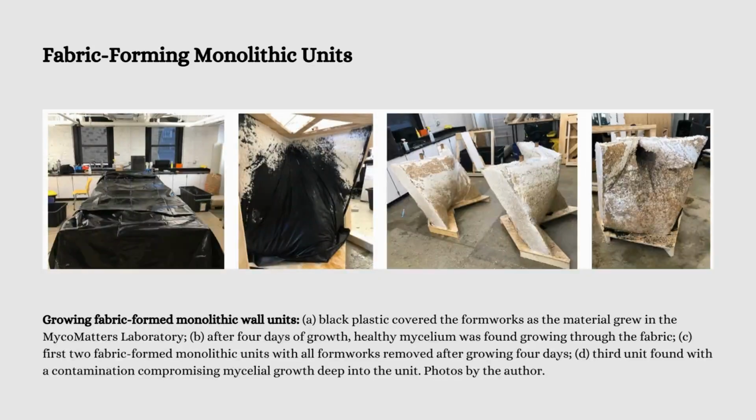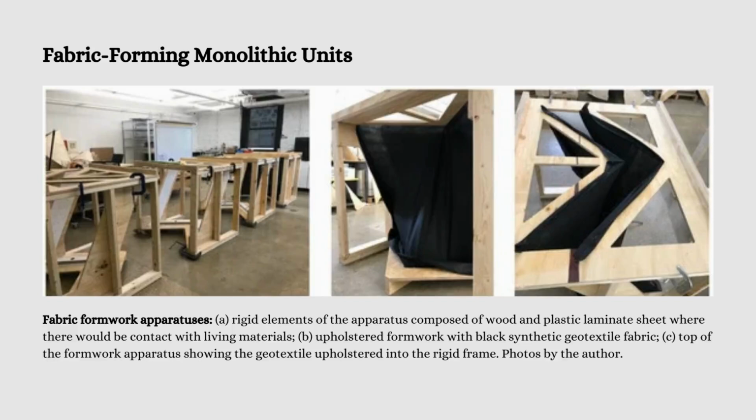And here are some more process photos showing what those shapes look like, and you have more of a reference as to the scale. In this photo on the right, you can see the top is sort of hollow. There's this space where the mycelium substrate is going to be entered.